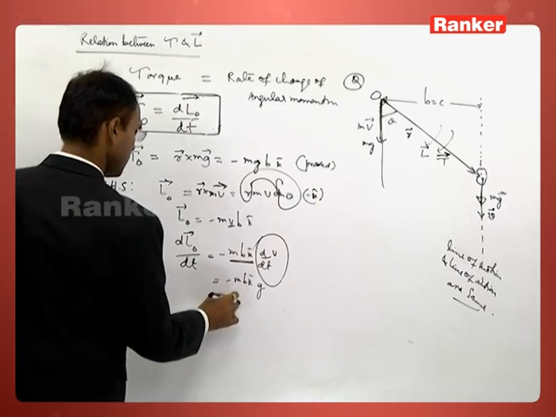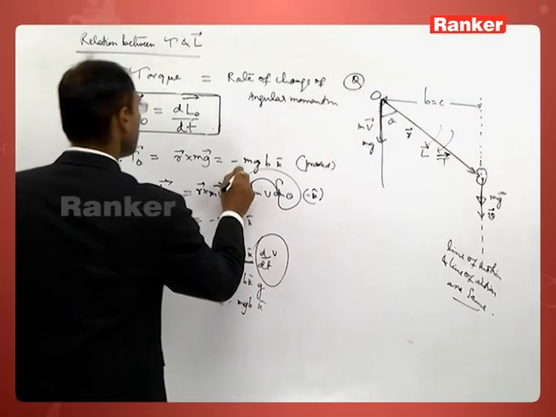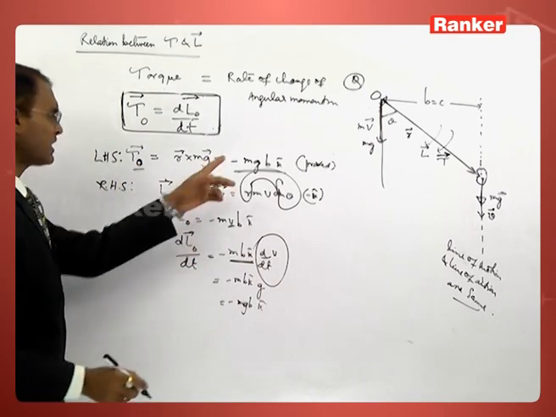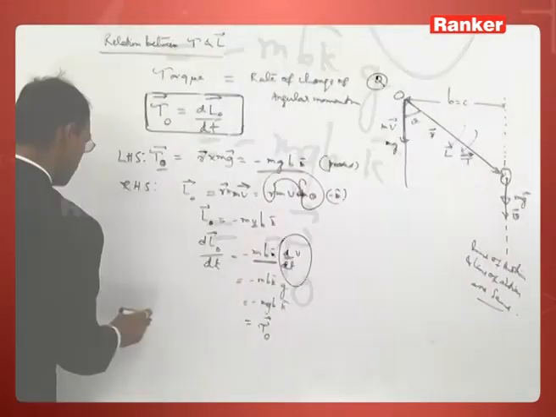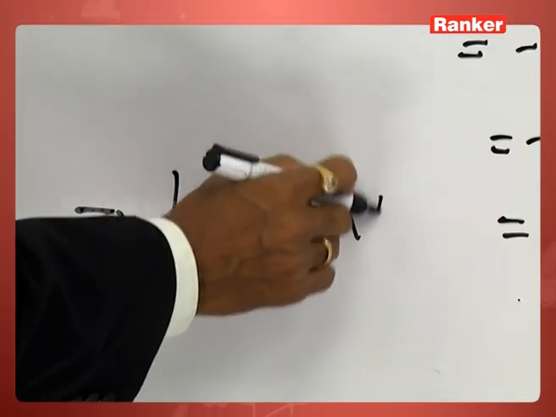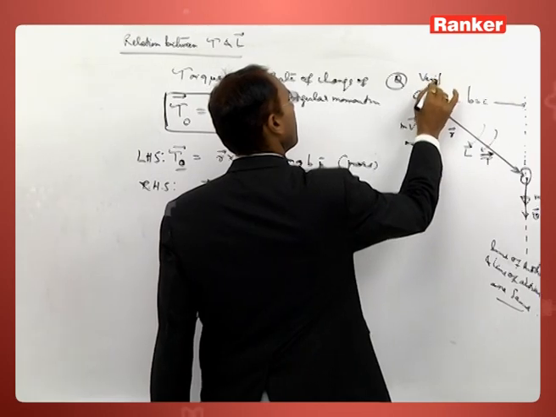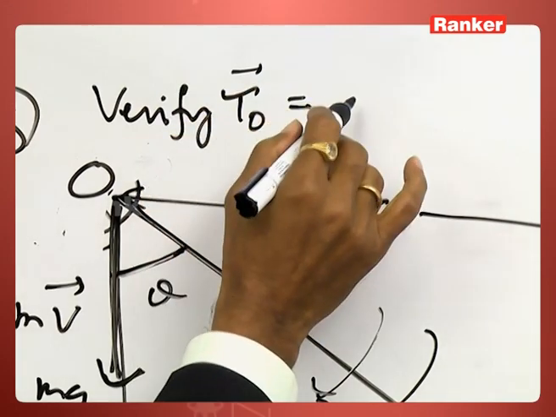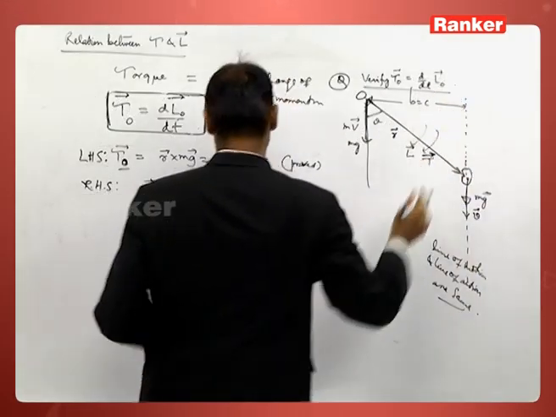I can write minus mgb into k, and that is none other than the torque experienced by the particle with respect to the given point, equal to tau O. Hence, left hand side is equal to right hand side. So, in this example, we have verified the formula tau O is equal to rate of change of L O.